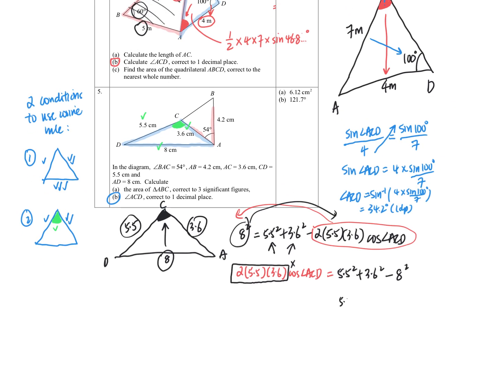So become this. Okay? Then how to find the angle? Just cosine inverse the whole thing.